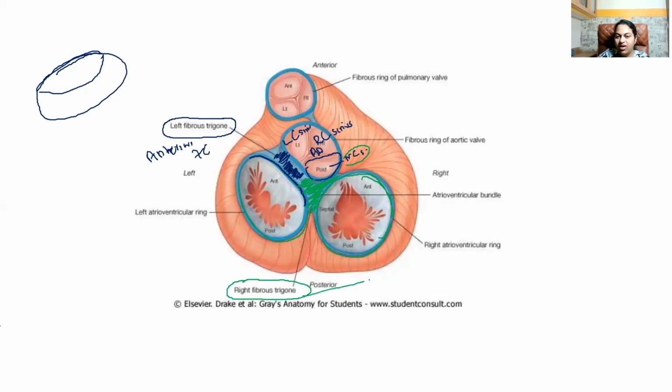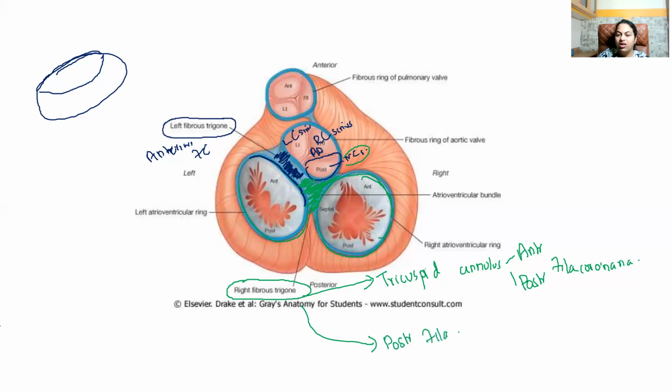So it gives attachment to the entire tricuspid annulus, which carries the anterior and posterior fila coronaria, which gives attachment to the cusp of the tricuspid valve. In addition to that, it also gives attachment to the posterior fila coronaria of the mitral valve.